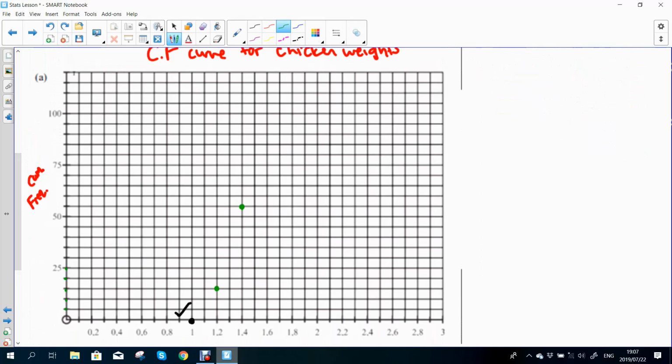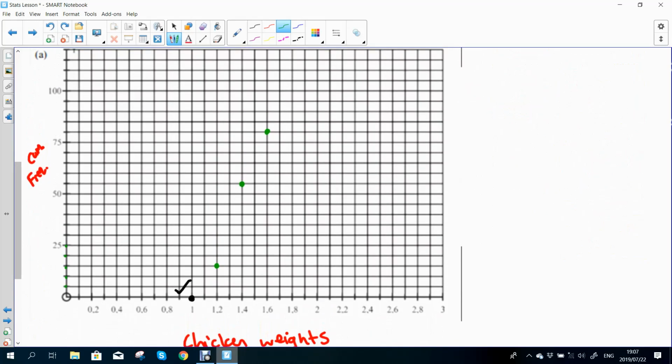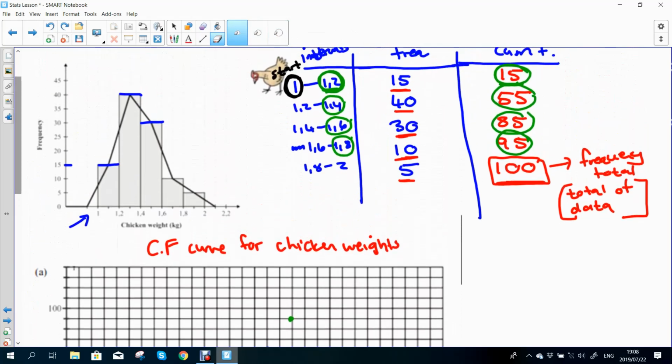So 1.6, 85, let's just check that's there. Awesome. And the next one is 1.8, again the upper boundary with your 95, 1.8 and 95. That's there. And finally, sorry, 1.8 went too far. There it is. Let's just get this one away. And the last one that we have is number 2.